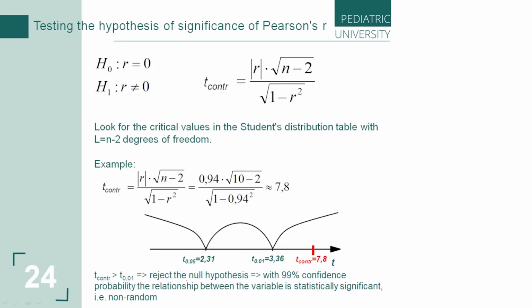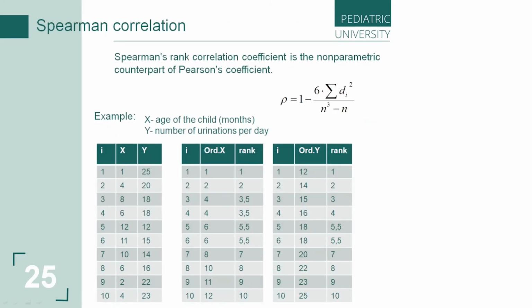Now let's discuss the Spearman correlation. Spearman correlation is rank correlation. Spearman's rank correlation coefficient is the non-parametric counterpart of Pearson's coefficient. It applies when there is no normal distribution, when the data is not quantitative but on an ordinal scale, on small samples.